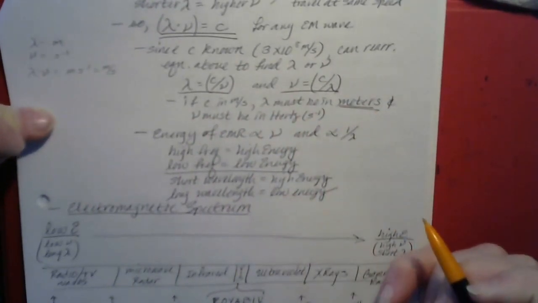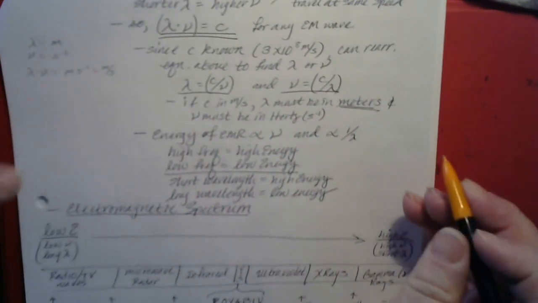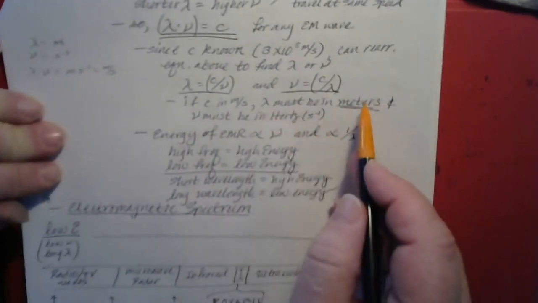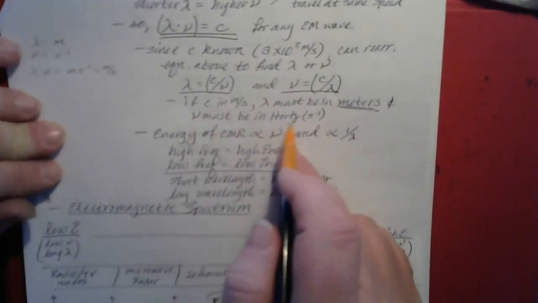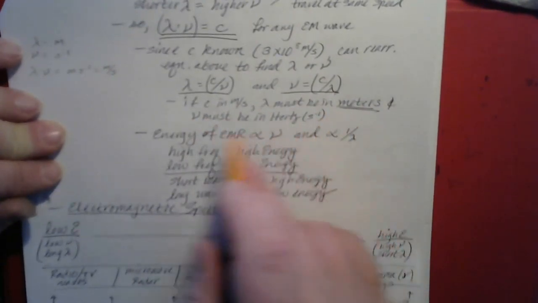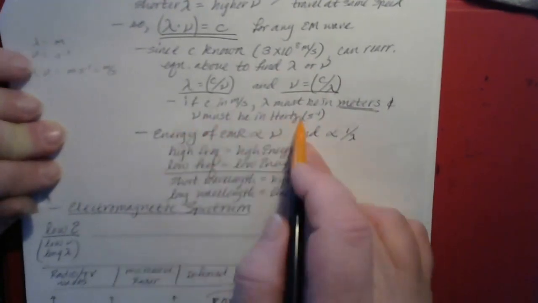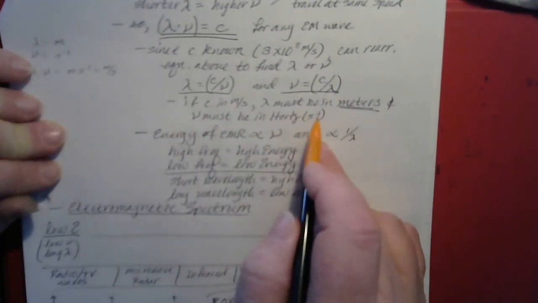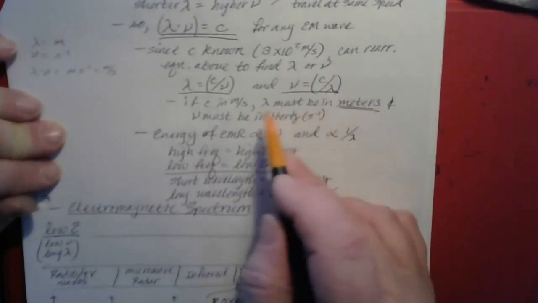And that's the important one, the one that you might actually be given something else. So wavelength has to be in meters, and frequency has to be in hertz, or inverse seconds, or seconds to the -1. Frequencies usually will be given to you in units of hertz or seconds to the -1, but wavelength a lot of times will be given to you in something other than meters. So watch out for that.